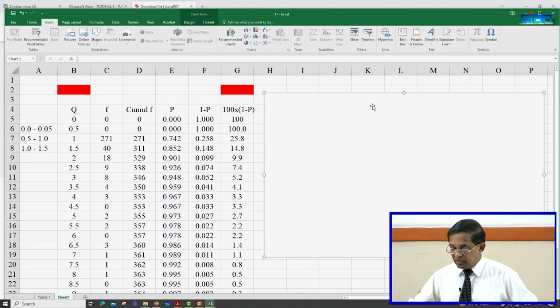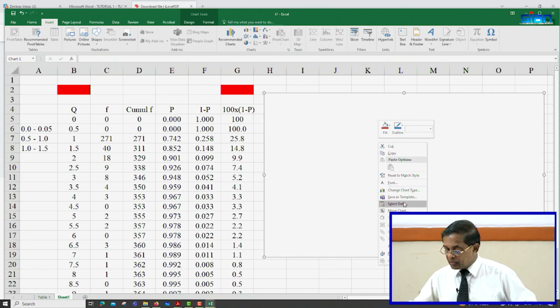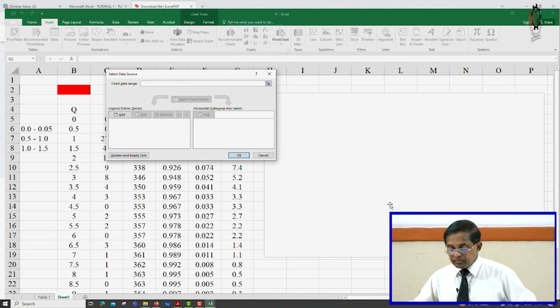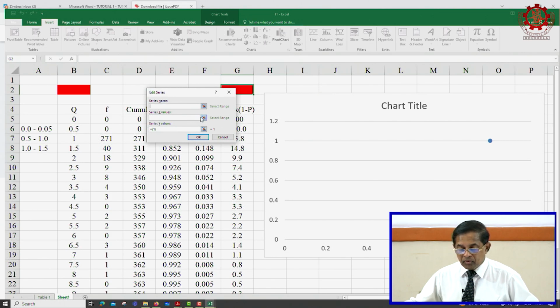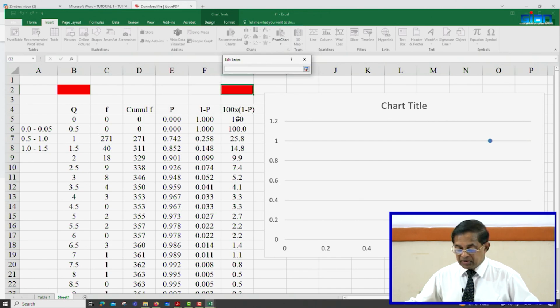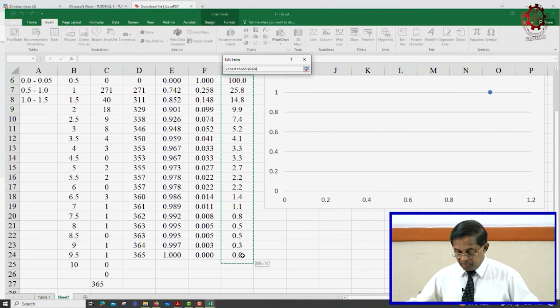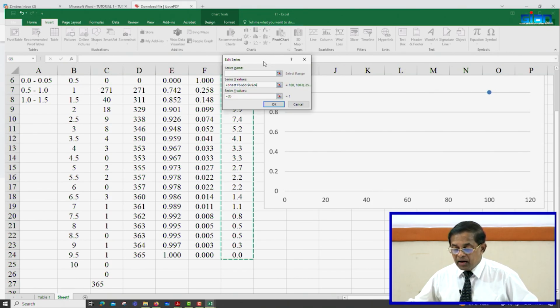Let us see this one, it will work. Select data, add. X values will be your exceedance, and Y values will be the flow rates.